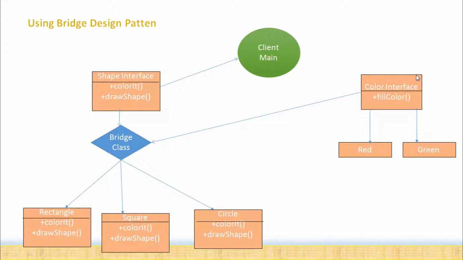The color interface has concrete classes red and green, and the shape interface has concrete classes rectangle, square and circle. In between them the bridge class will come into the picture. I will pass the object of this color to this bridge, and after that the object will be used here, and I will call the color it and draw it functions from the main. Let's see it with the help of the coding. You will understand this more when we discuss the coding part.